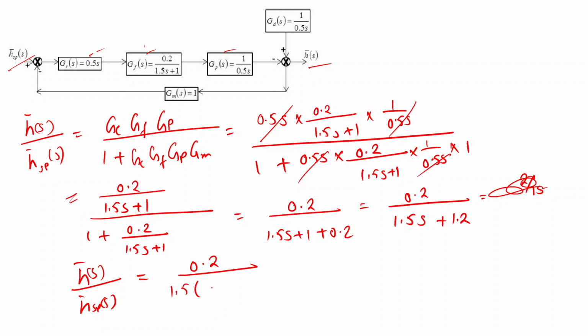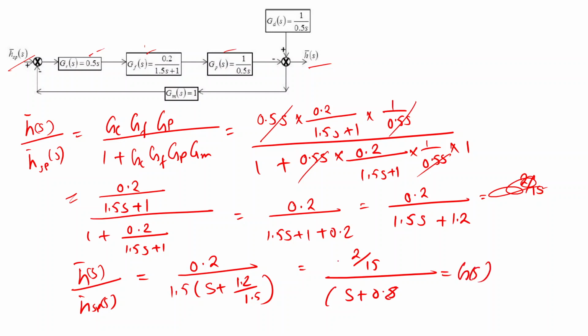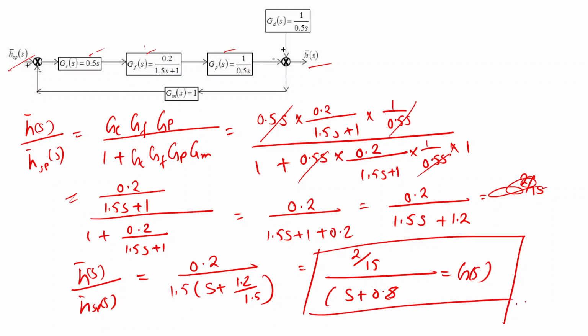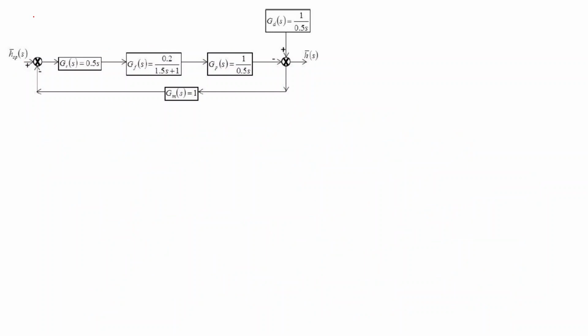So h bar s upon hsp s is equal to 0.2 upon 1.5 into s plus 1.2 upon 1.5. So this will become 2 by 15 upon s plus 0.8, and that is what we have for h bar s upon hsp.